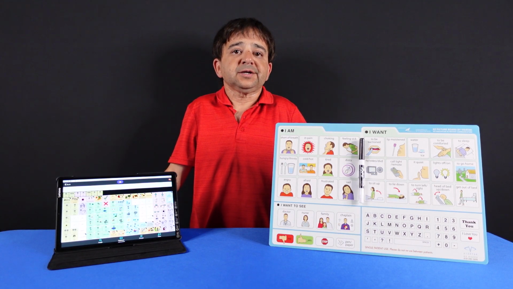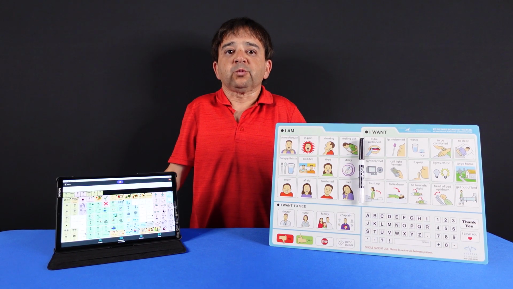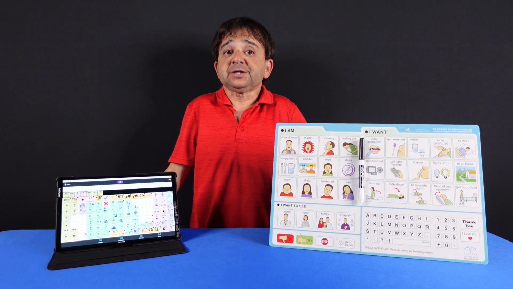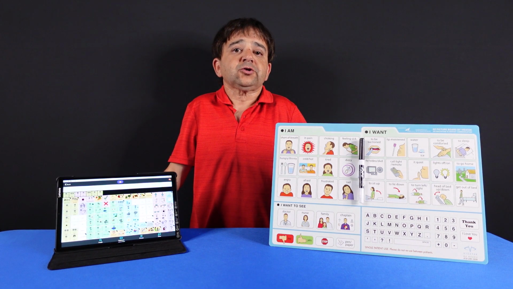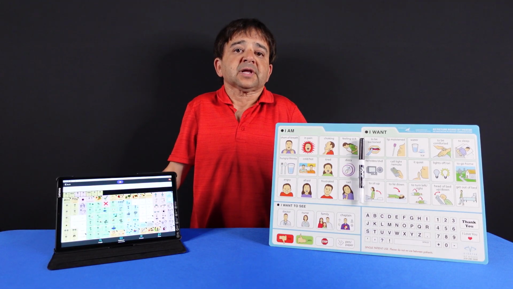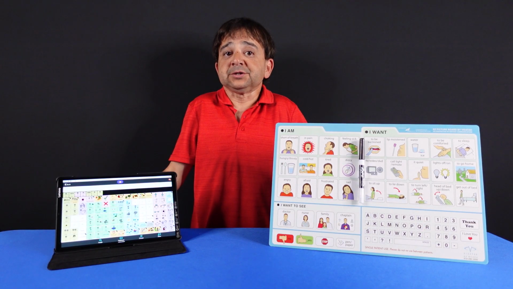And there's aided AAC, which uses assistive technology such as paper and a pencil, where people can write words or draw pictures, speech-generated devices, and communication boards, also known as AAC boards. A lot of times people that use AAC will use as many tools as possible. This includes both aided and unaided AAC.